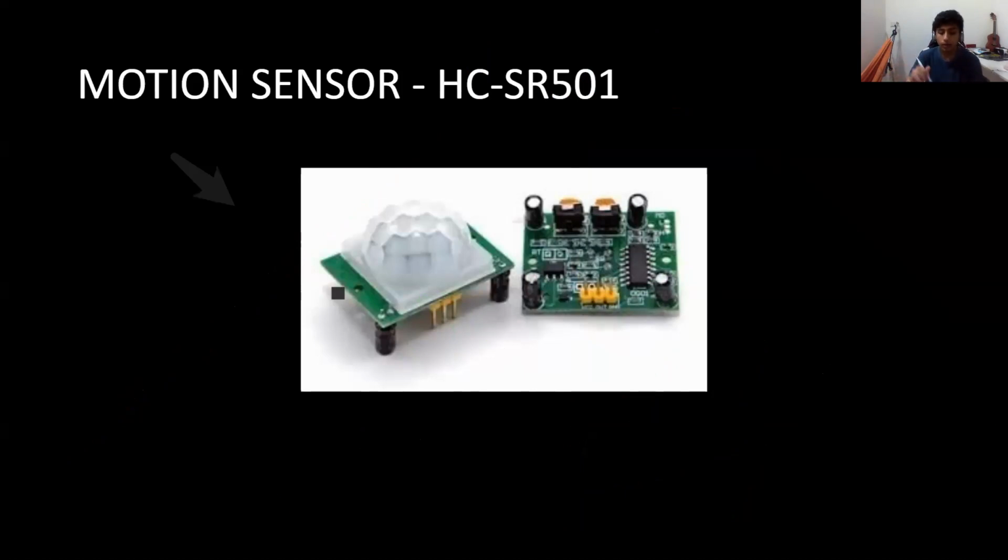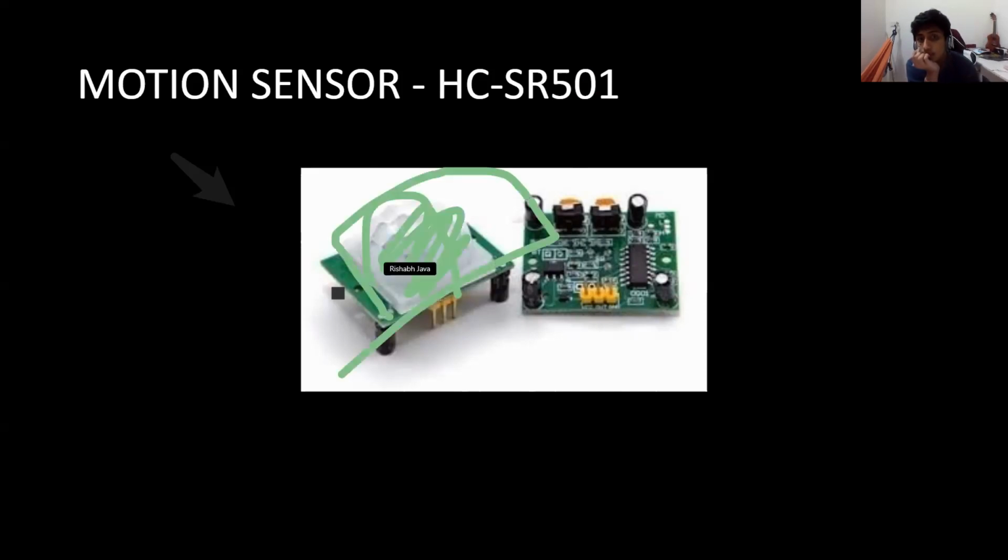Anyone wondering what is this white thing on top? No, it's not a golf ball. The white thing on top is called a Fresnel lens.